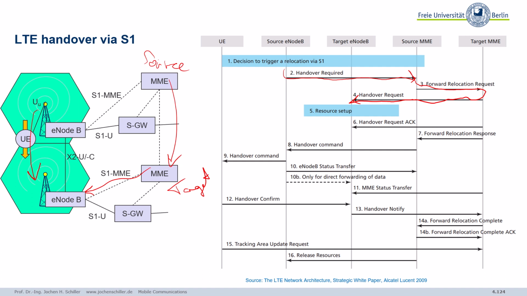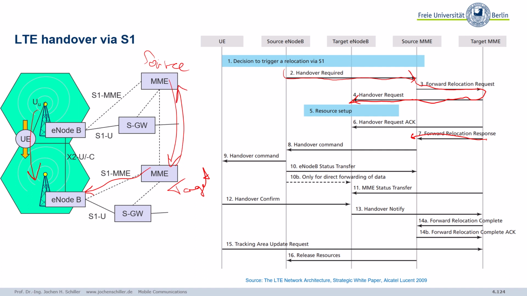If yes, we know, okay, everything works well, then we say, okay, now please do the handover. So we tell the source MME, now we can perform the handover. Everything is fine. We have the resources prepared.